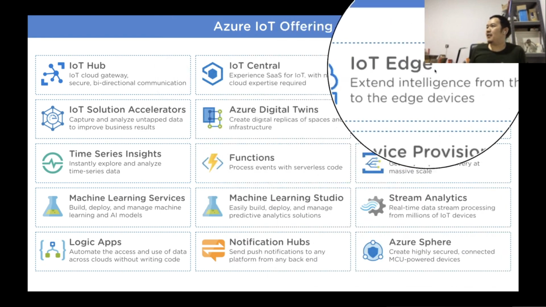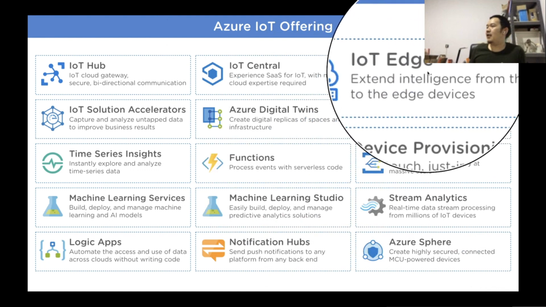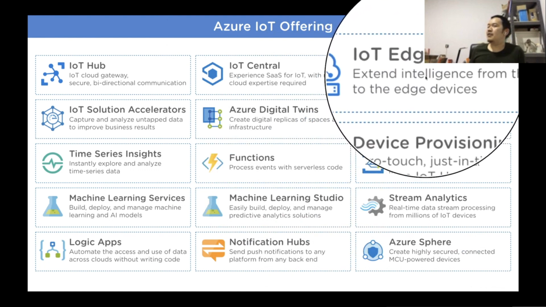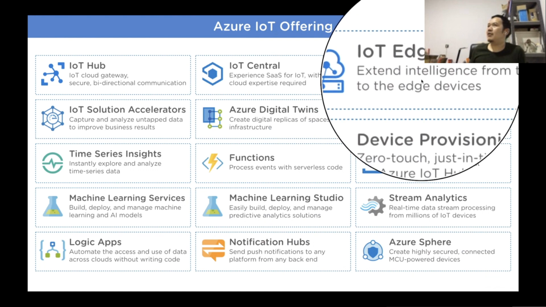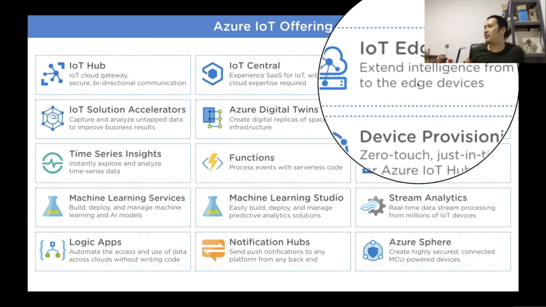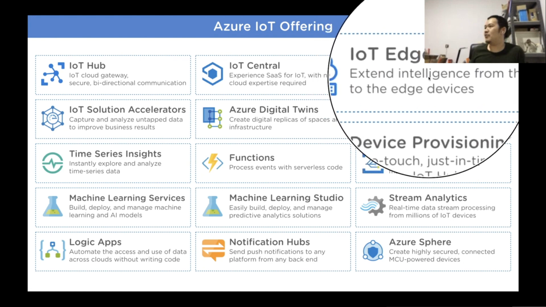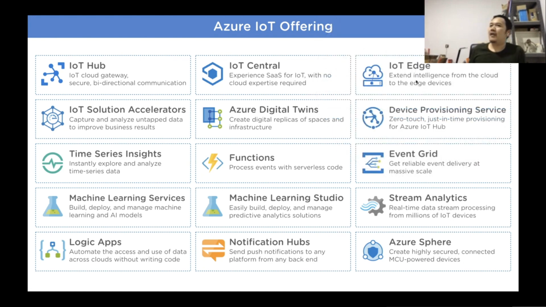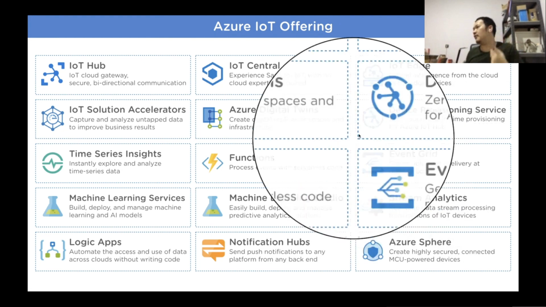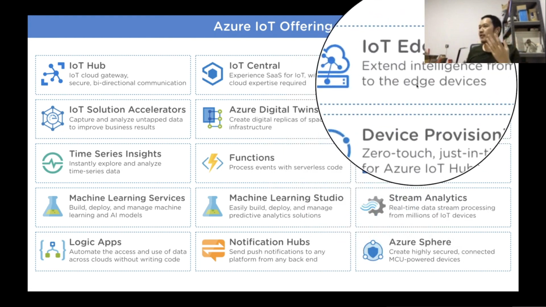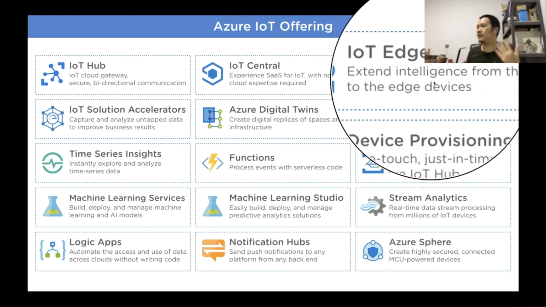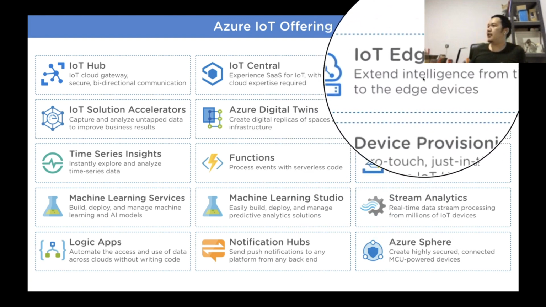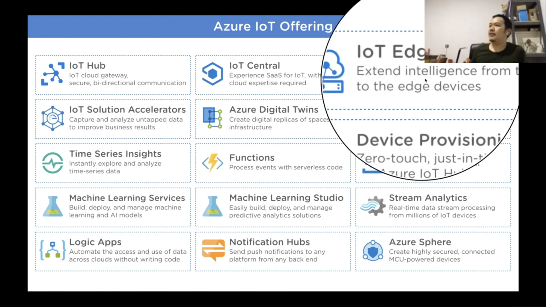And IoT Edge is basically how we can do something we call AI at the edge. So basically, if you want to have a lot of processing in the device, in the microcontroller or microprocessor, you can put the intelligence, either machine learning or other processing, on the device, right?